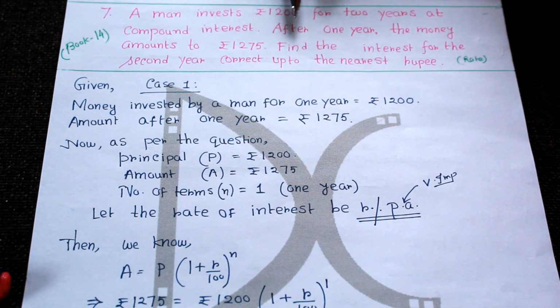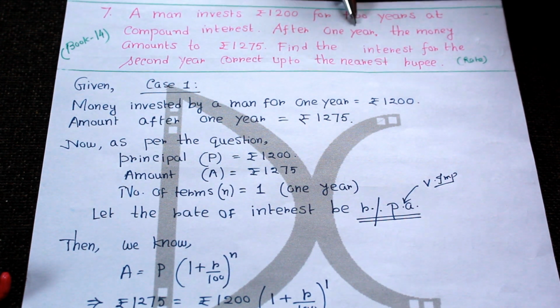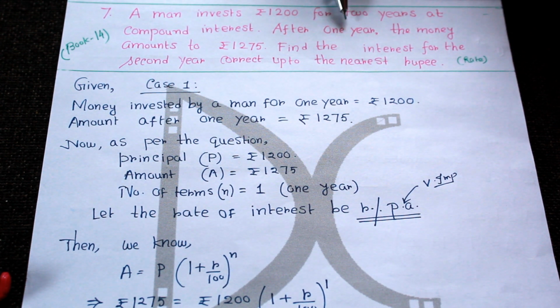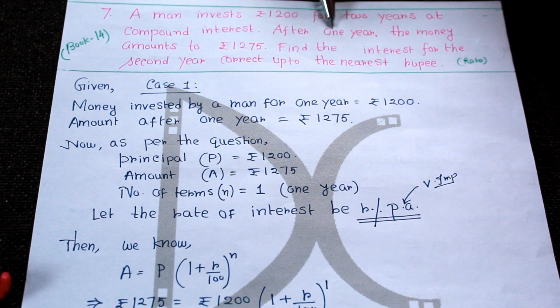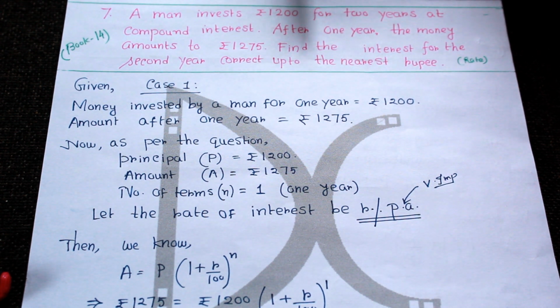Then they have said after 1 year, be very careful here. You will have to see after which period the amount is given, because in the formula we directly get the amount. So you need to be careful about after how many years or how many terms they have given the amount in your question. Be careful, again I am telling.